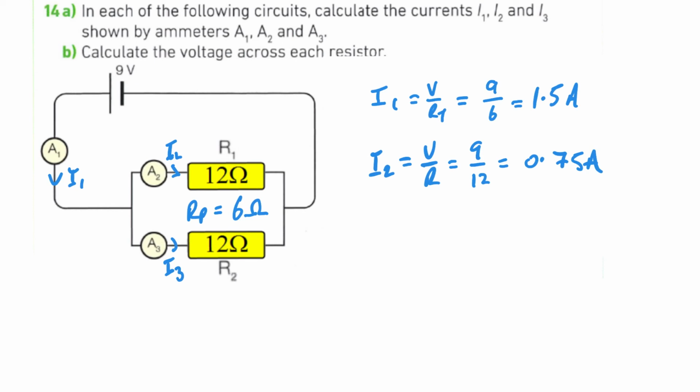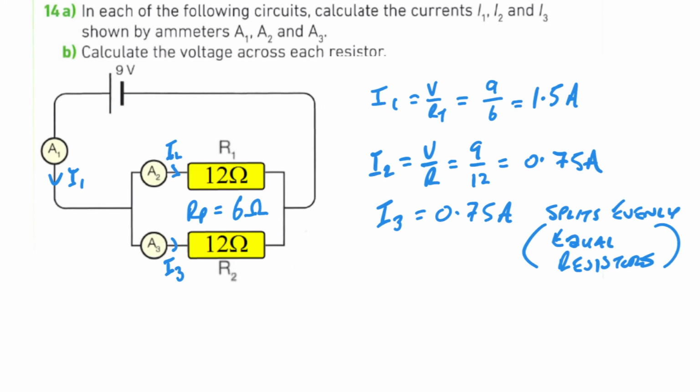Or as I say, you can say this will split evenly, so you take your 1.5 and divide by 2 to get the same answer. So we can say that I3 also equals 0.75 of an amp. It splits evenly because they're equal resistors.